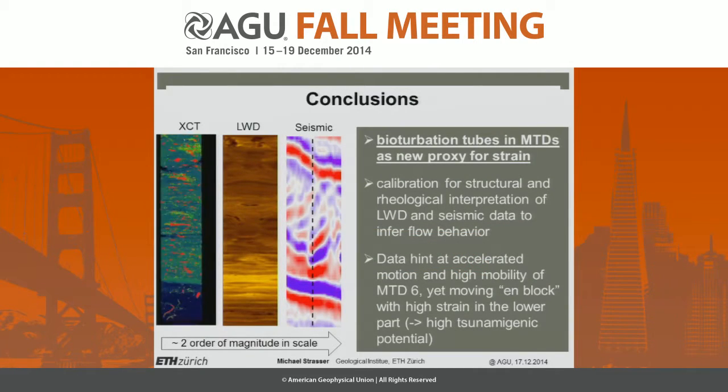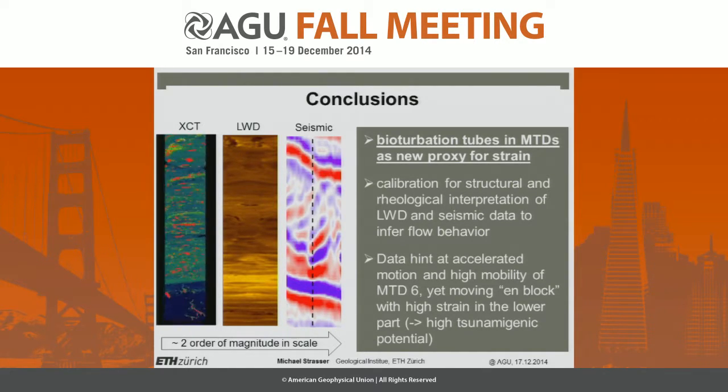And then if we upscale from this microscale structure in the core to the logging while drilling and into the seismic section, obviously the resolution here is much lower because a wiggle here is worth something like 20 meters, if I have it right in my mind.